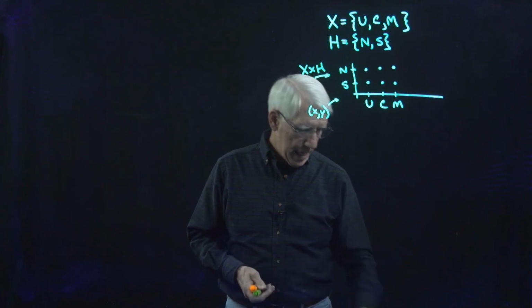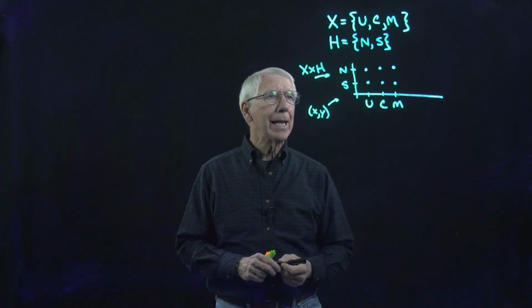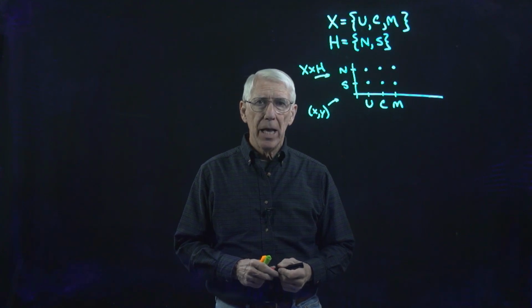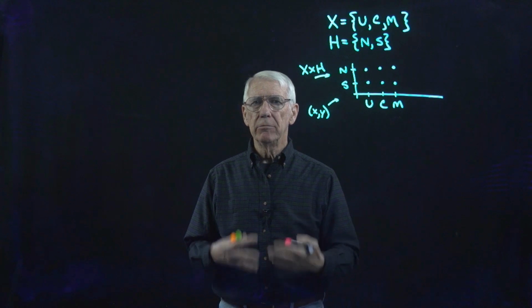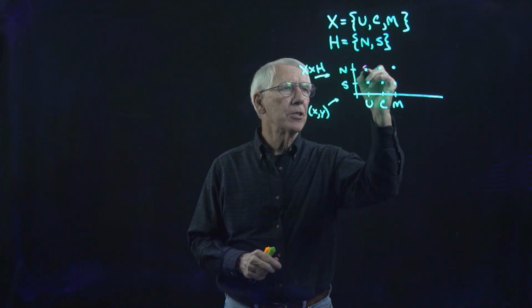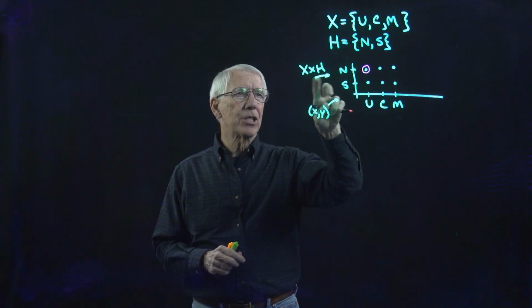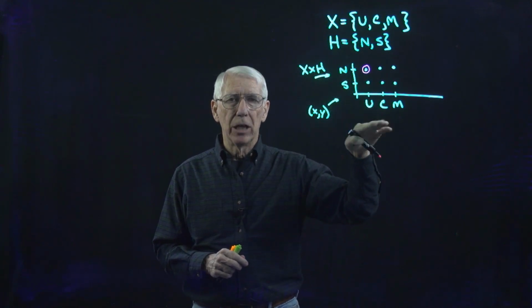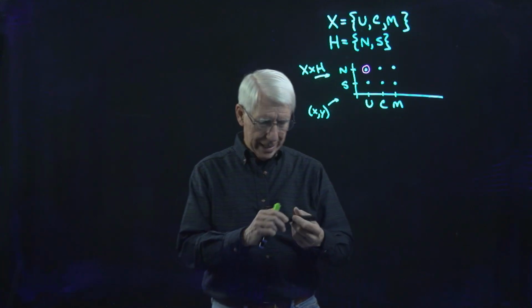And so now let's look at the function that assigns to every country the hemisphere that it's in. Well, the United States is in the Northern Hemisphere, so I'm going to draw a circle around the elements of x cross h that are in my function f. All right? Let's even write that down. I'll write it in this color.